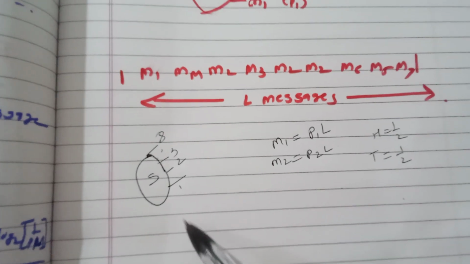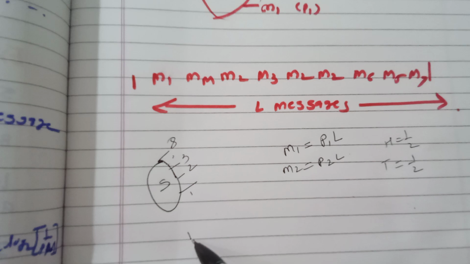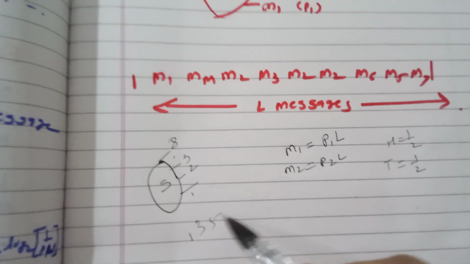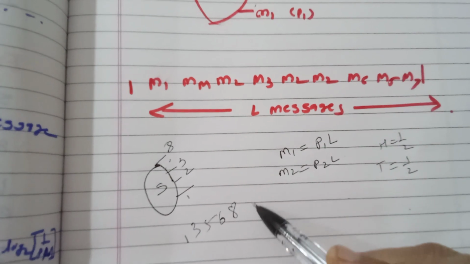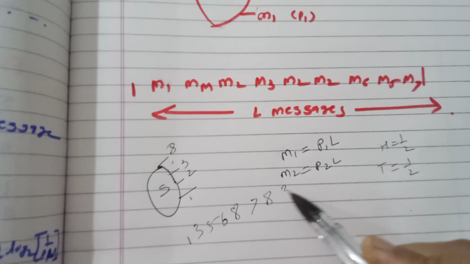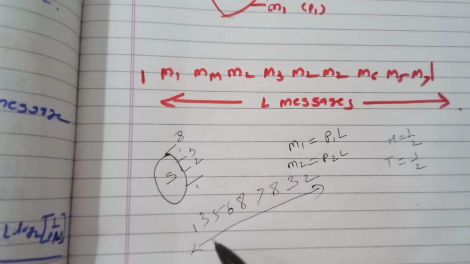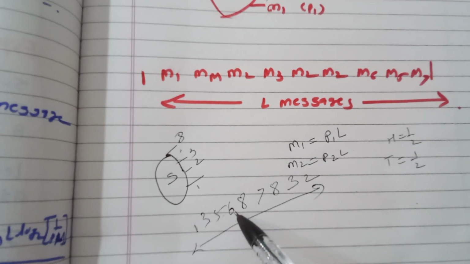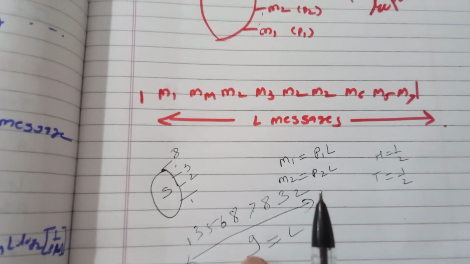now this source is transmitting messages. First time it transmitted 1, then 3, 5, then 6, then 8. Likewise we took up to 7, 8, then 3, 2. So how many messages are there? 1, 2, 3, 4, 5, 6, 7, 8, 9. So L is equal to 9.